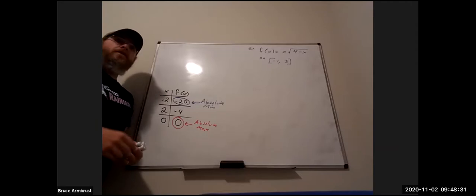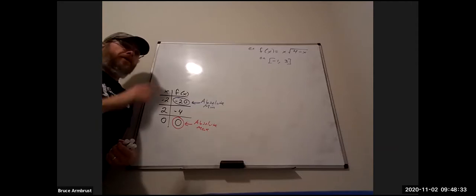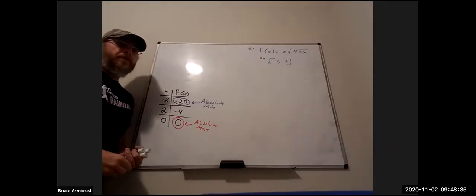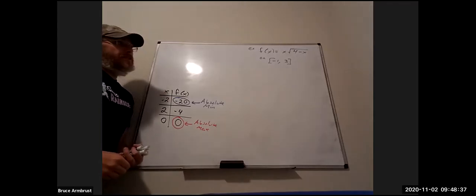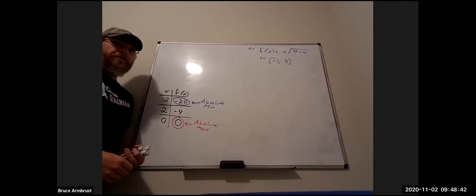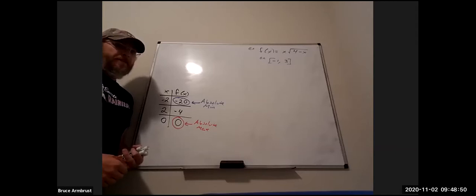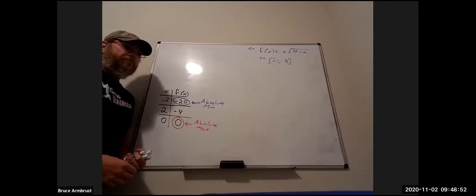Okay, so first of all, closed interval, right? -1 to 3, we've got brackets on them, so we know it's a closed interval. Is this function continuous between -1 and 3? And now you're starting to think, maybe, maybe not.